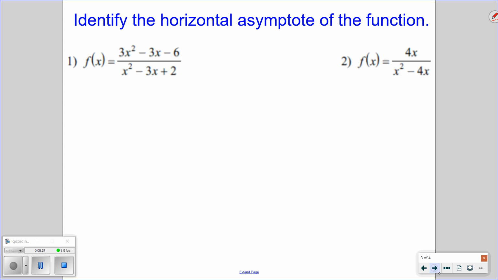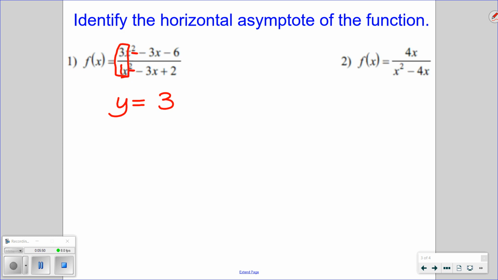Okay, let's look at a couple more examples. This time we're going to use the shortcuts because you can just look at these and tell what the horizontal asymptote is. Okay, let's look at the first one. Again, compare the degrees. The degree of the numerator is 2. The degree of the denominator is 2. Since the degrees are the same, all you do is divide the leading coefficients. 3 divided by 1 equals 3.